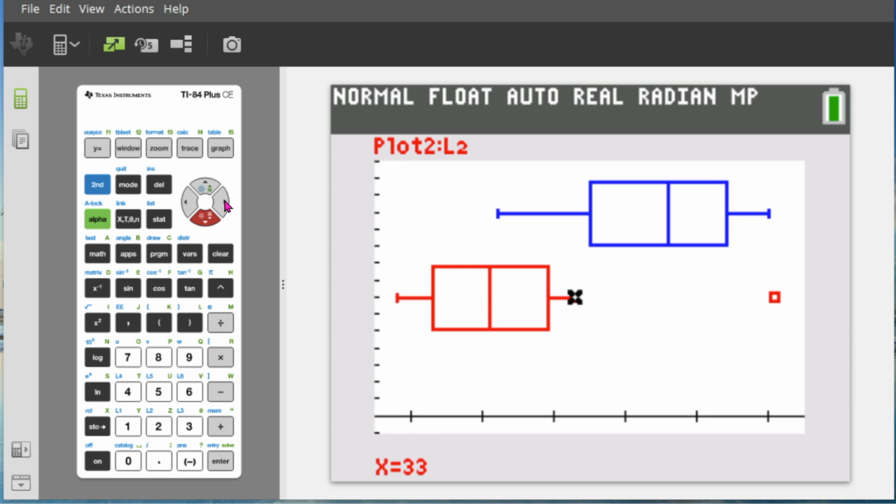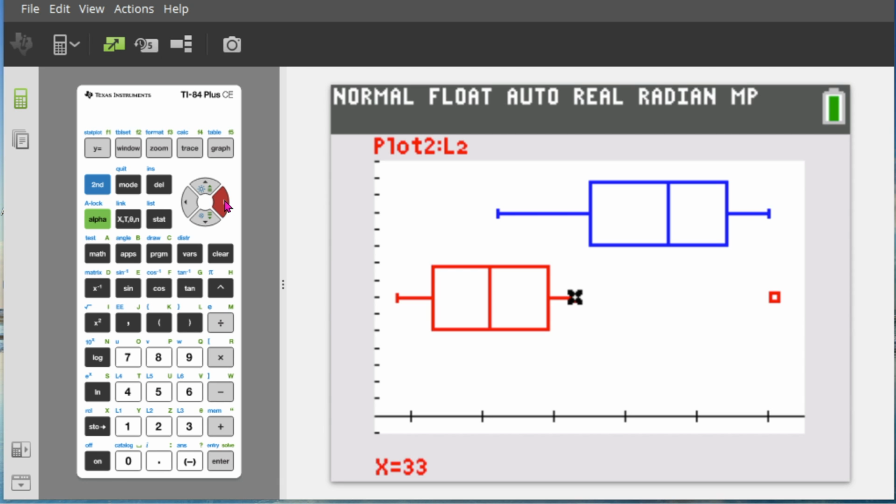So we're going to go down, and we're going to go over, and I know my min is 8. I'm going to arrow over. My Q1 is 13. My median is 21. My Q3 is 29. My max is not that. That's not my max, but that's the last point I'm going to draw on my box plot.